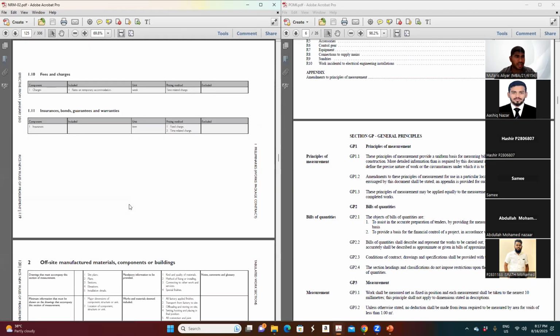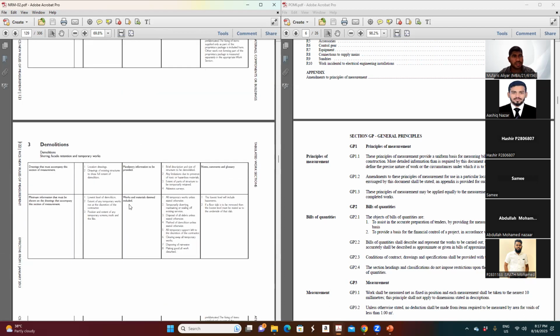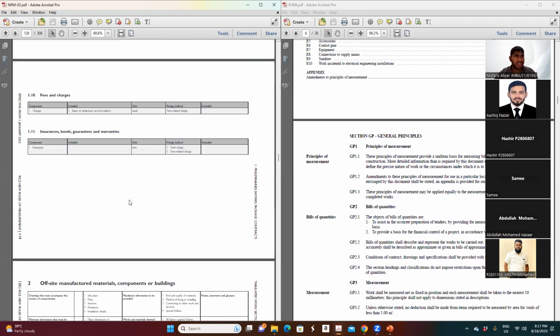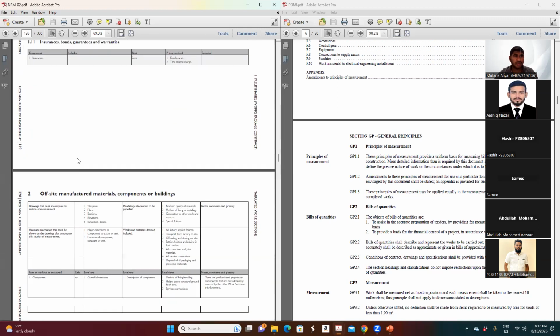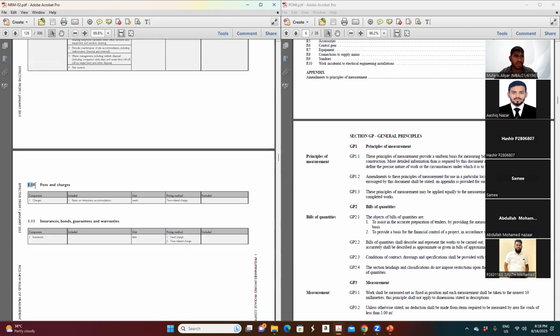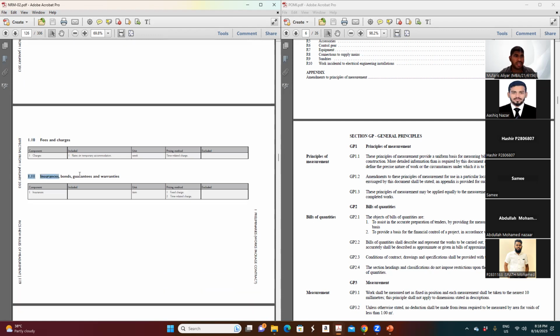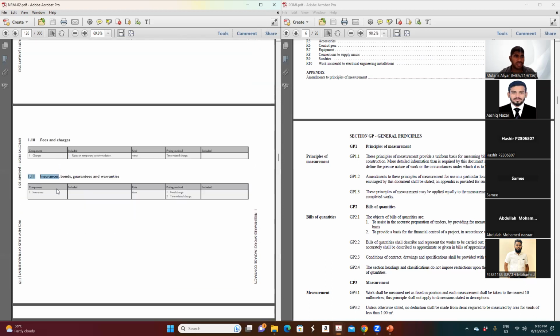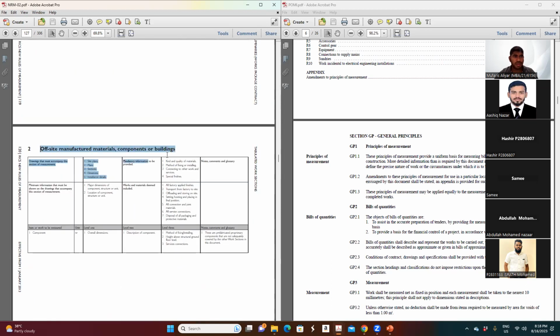Demolitions. Now here we go. We start offsite manufacturing. This is item number two in NRM. Number one is still the preliminaries. You can see 1.1, 1.9, 1.10, 1.11. This is all about the preliminaries. Number one is for the preliminaries, and number two, starting here, is offsite manufacturing.